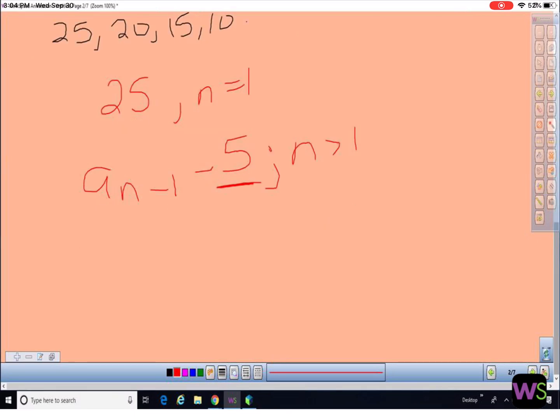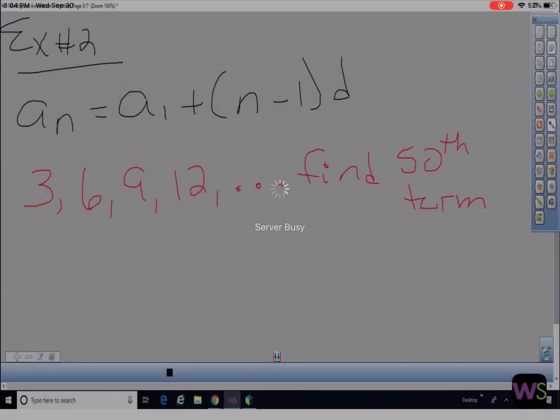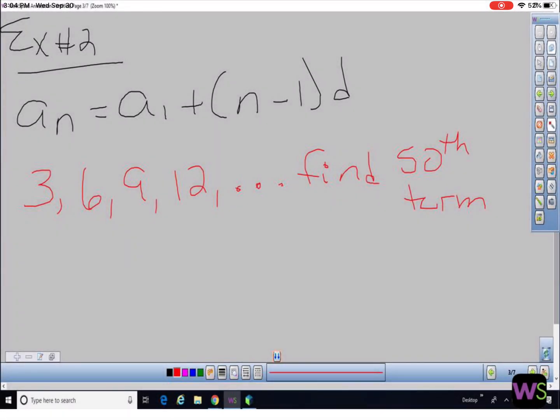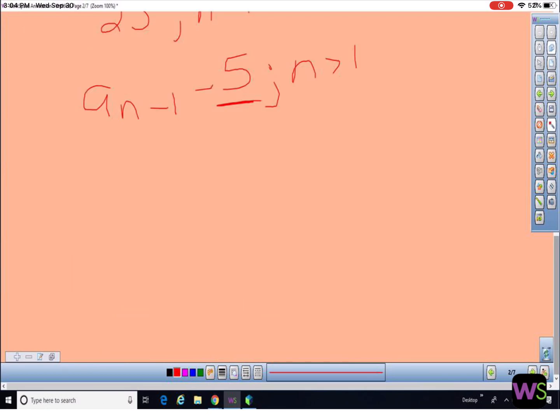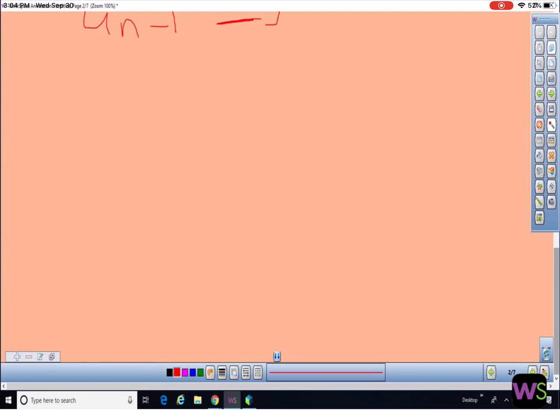Then the next one is example B. I think it's on the next card. Nope, this is example 2. I'll go back. That was example B. So example B in this situation is going to be not arithmetic. Where is that one? Okay.